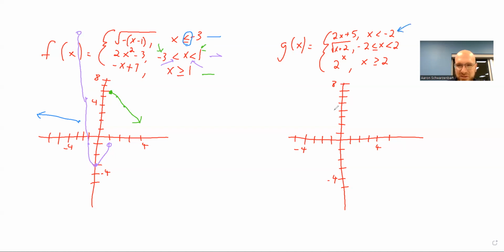Okay, so this one, 2x plus 5. 2, 3, 4, 5. I'm only going in the negative direction, so I'm just going to go that way. Okay, this is the point where it's going to start on x is less than 2. So I can see it goes at 2, -2, 1. I could also plot that, plug it in and get that.